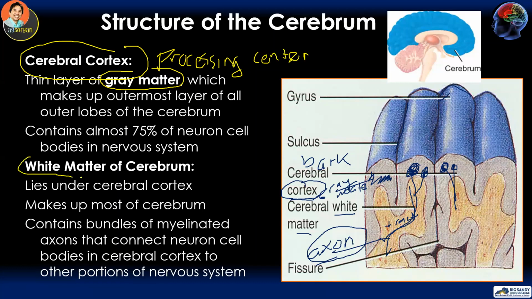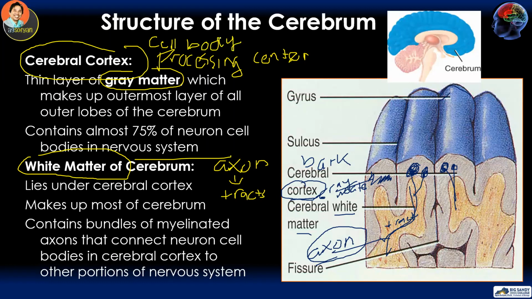The white matter consists of axons, used as a track that carries information or orders. The axons are in the white matter, while the cell bodies are in the gray matter.